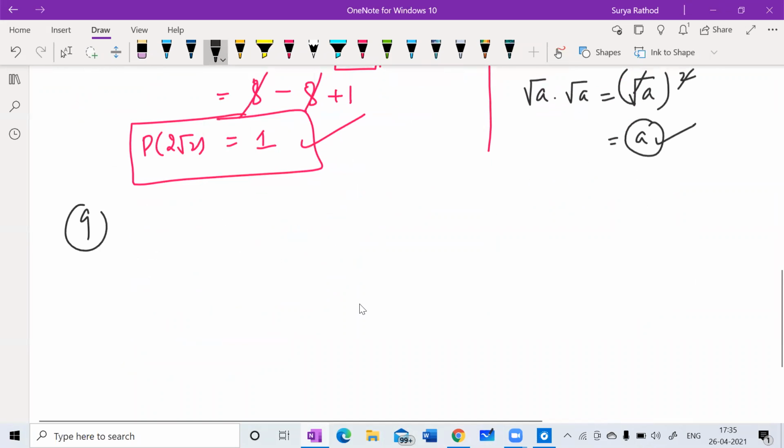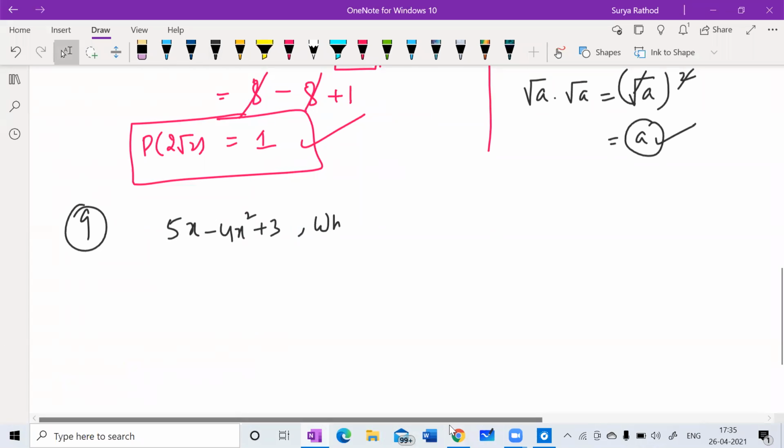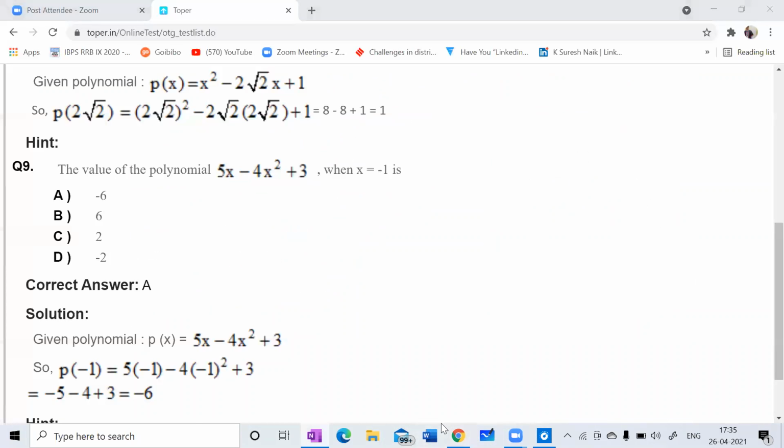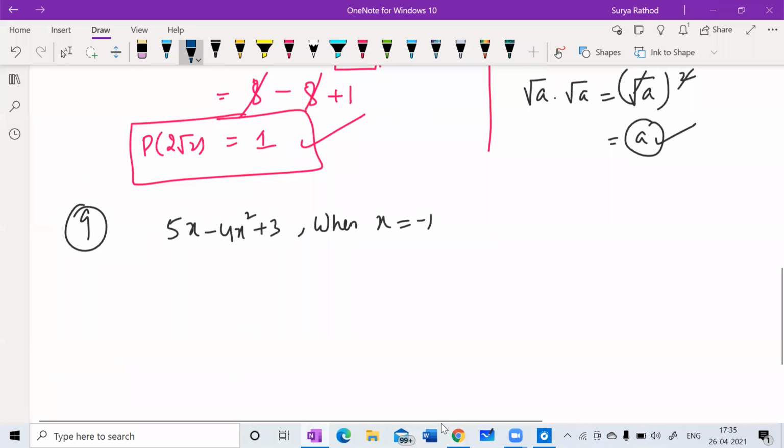What is the polynomial given? 5x minus 4x square plus 3 when x is equal to minus 1. Simply in place of x, I will be substituting minus 1, as simple as that.